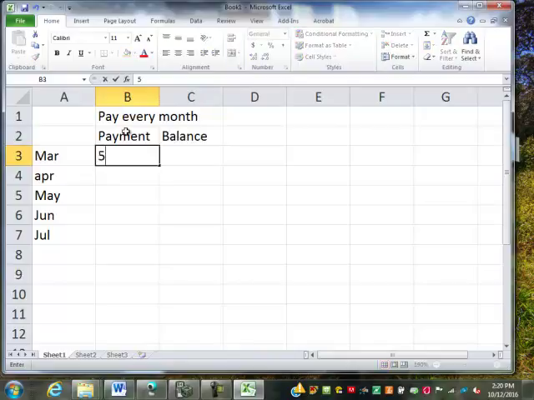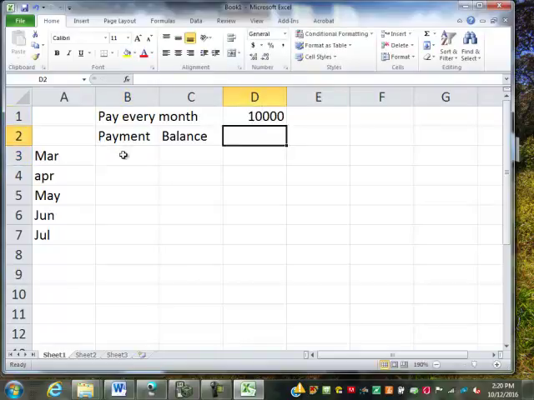We'll start out with $10,000. So in March, we go to make our $500 payment.